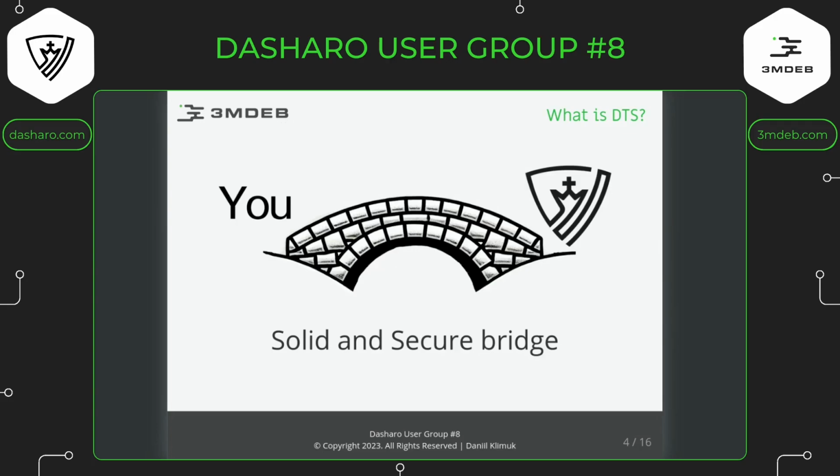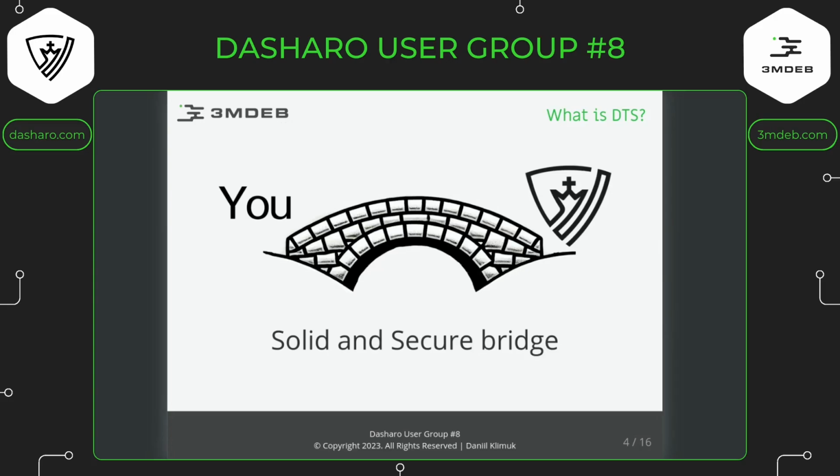Now, what is DTS? DTS stands for Dasharo tool suite and is a tiny Linux kernel built for the 64-bit architecture called x86, with the goal of making the Dasharo user experience more pleasant and easier.